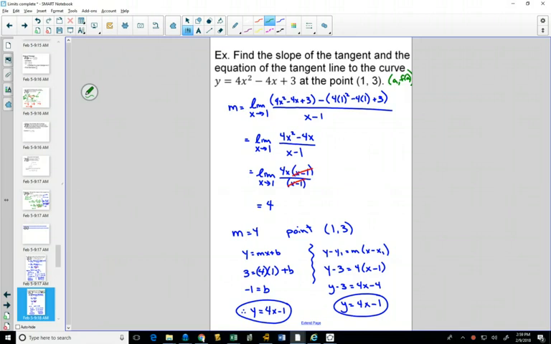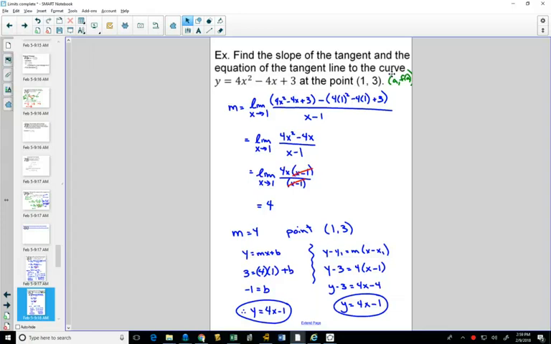And then once you get your slope, you've got your slope and your point. Again, I did it in both ways here. They come out to the same answer, whether you want to use the point-slope form or the y equals mx plus b form.